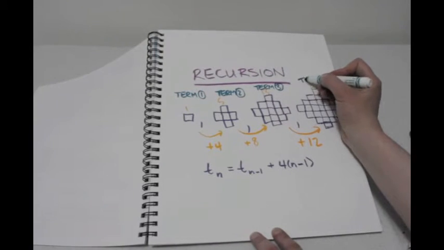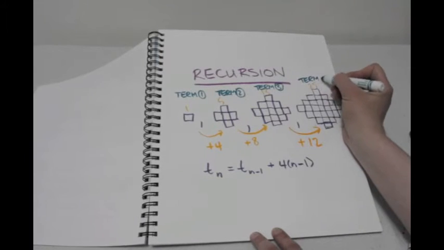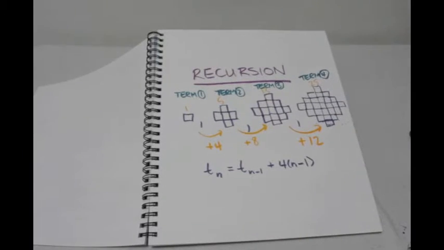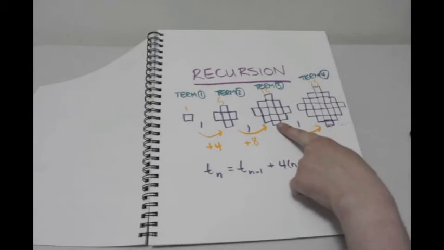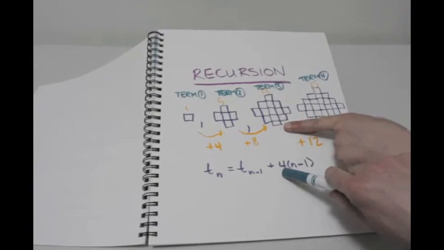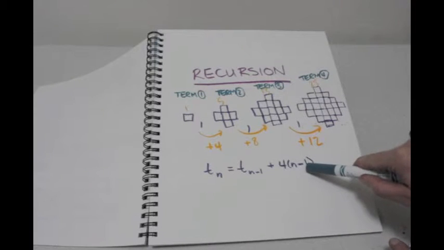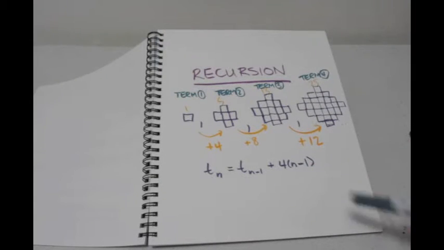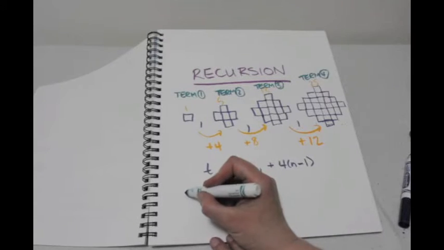Here's term 4. Etc. So to get term 4, for example, we take term 3 and add 4 times 3, because 4 minus 1 is 3. So I'll do that as an example.